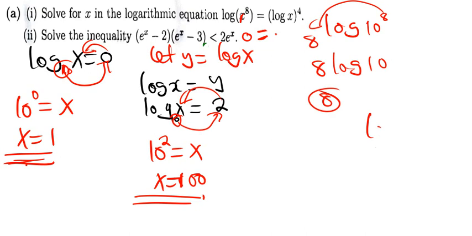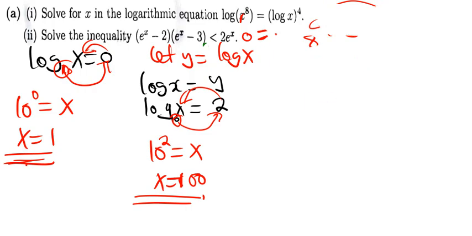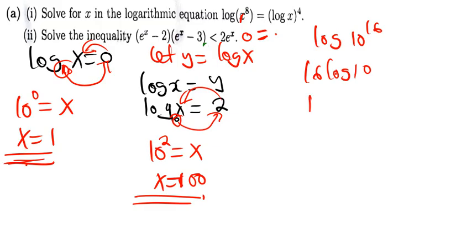We go to the right hand side. Where there is x, put 100. This one was 100 but to the power 2, right? It's like this. x is 10 to the power 2 because 100 is 10 to the power 2. So I'll say 10 to the power 2 times 8 is going to be 16. So shift that one to be 16 log 10, which is going to be 16.